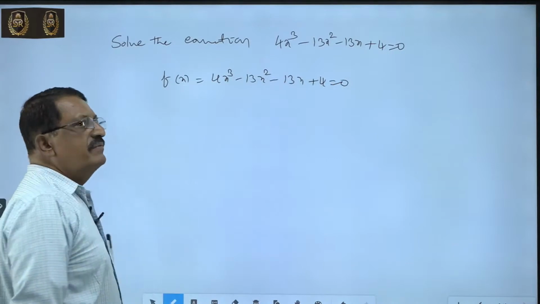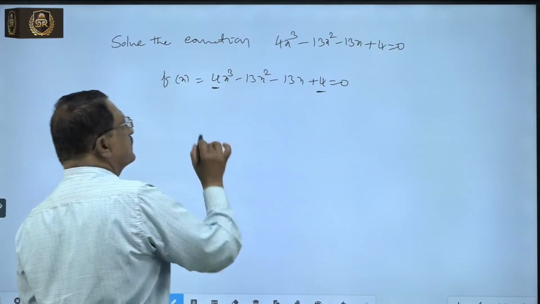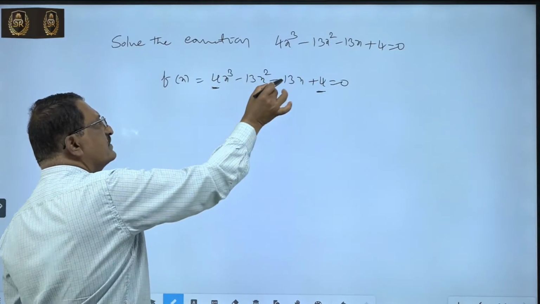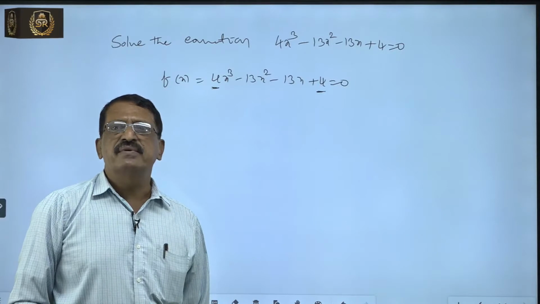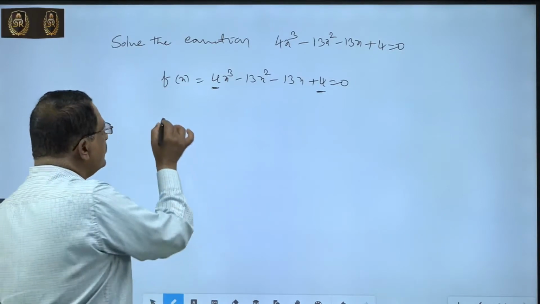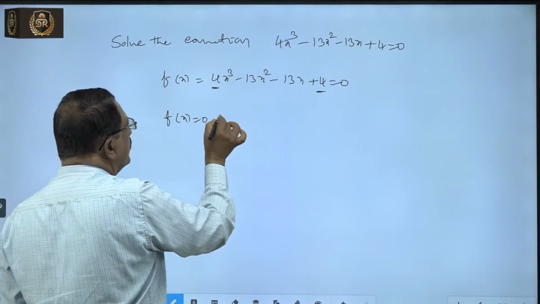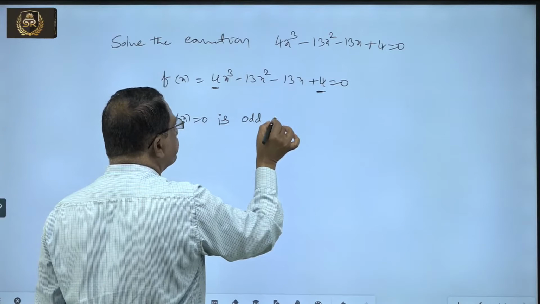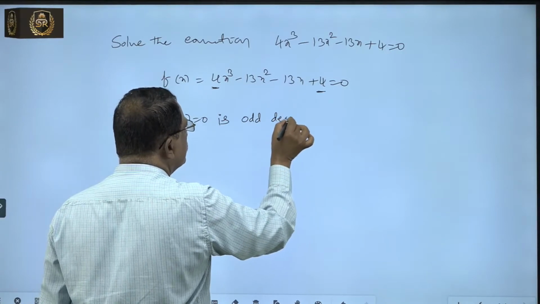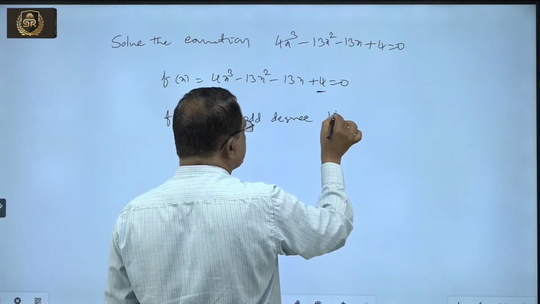Now, observe the given equation. Here the coefficient of x cube equals the constant term. The coefficient of x square is minus 13, and the coefficient of x is also minus 13. Therefore f of x equals 0 is an odd degree first type reciprocal equation.